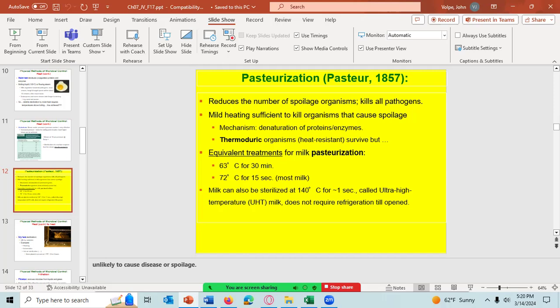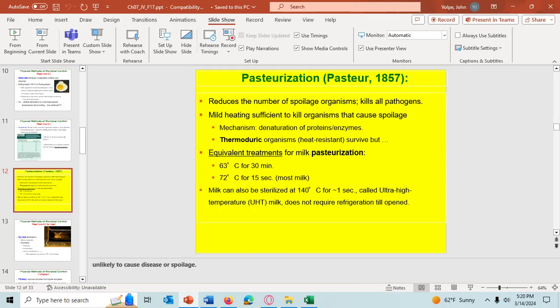All right, let's move on to pasteurization. This is a process that Louis Pasteur came up with to reduce the number of spoilage organisms. It does kill the pathogens, but it does not kill all the microbes in the agent that you're pasteurizing.